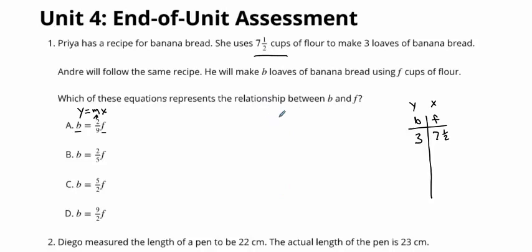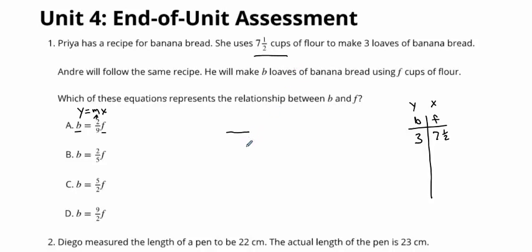So there's two ways we can look at this. Do we want to know the cups of flour per loaves of bread, or the loaves of bread per cups of flour? All these equations tell us that we want to know how much bread per cups of flour. So when we set up our ratio to find our unit rate, we set it up as a fraction, and whatever we want to know one of, we want to know the per.